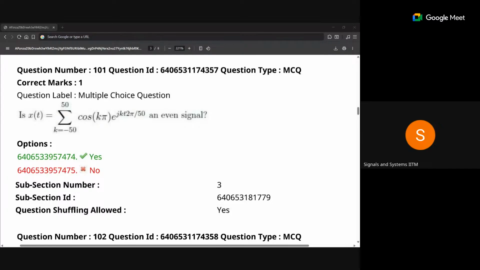Is this even or not even? One second, I'll make a note of it. So x of t is the summation of k equals minus 50 to 50, cos k pi times e power j k t 2 pi by 50. Okay, I have noted the question. Can I explain it to you?